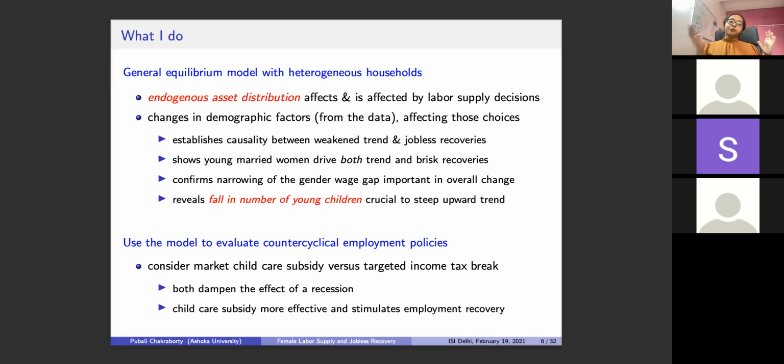But during that time where the women were showing these brisk recoveries and the steep trend, it's actually a fall in the number of young children, which is a crucial factor.